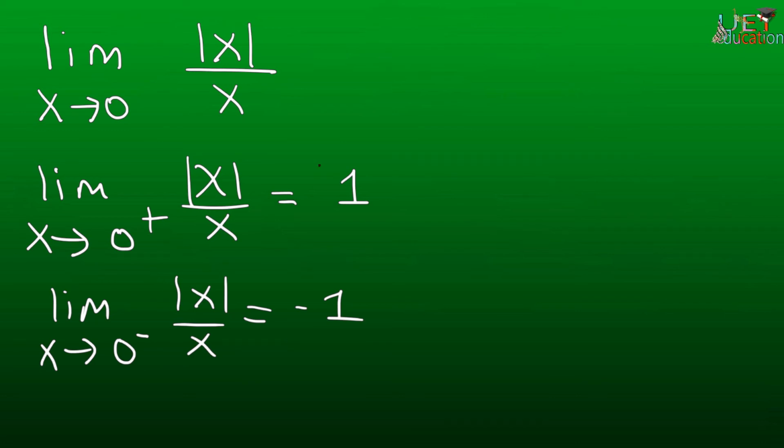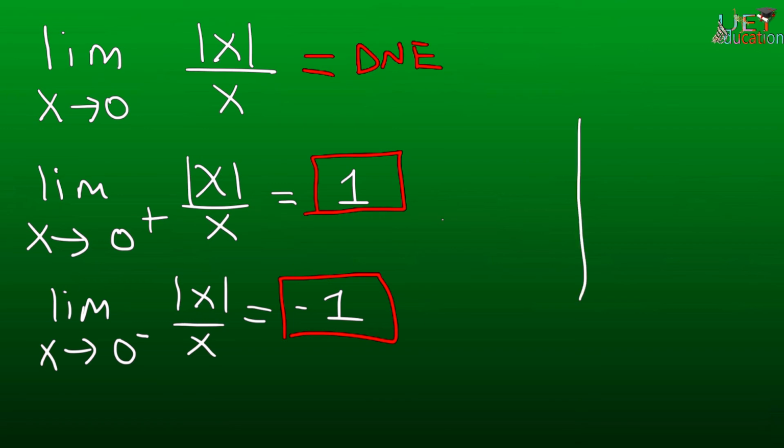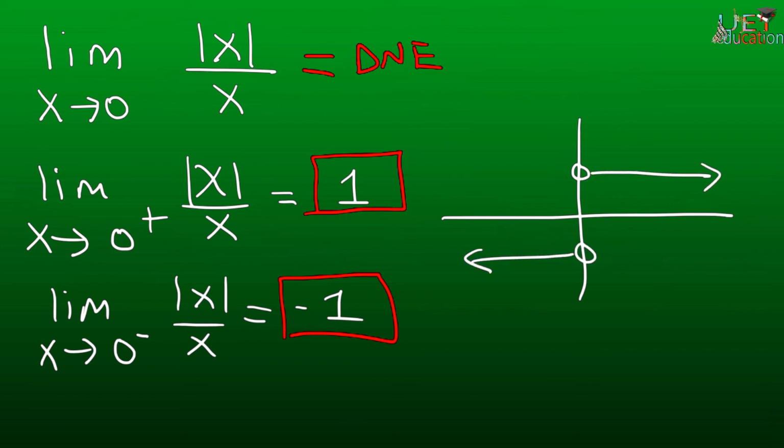Now, because the right side and the left side limits do not match, this limit does not exist. So if you were to graph this function, what you're going to have is the jump discontinuity. From 0 to the right, it looks like this is at 1, and 0 to the left is at negative 1. And so the limit doesn't exist due to this jump discontinuity.